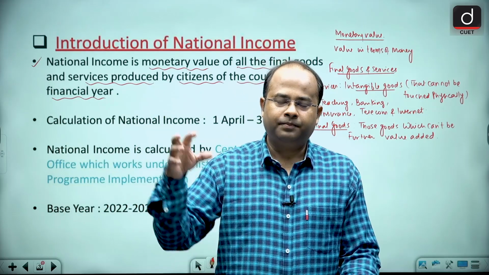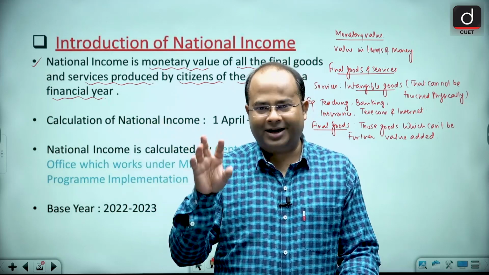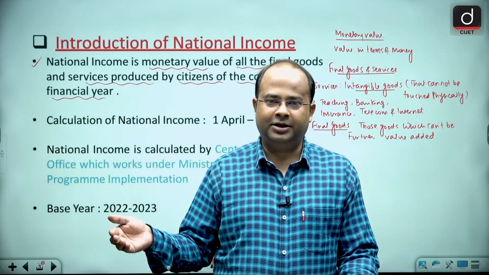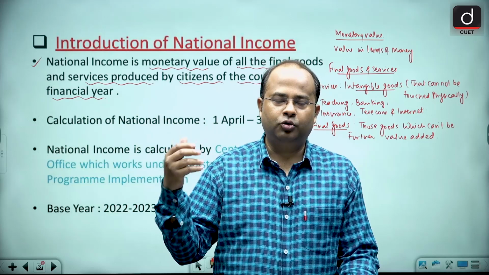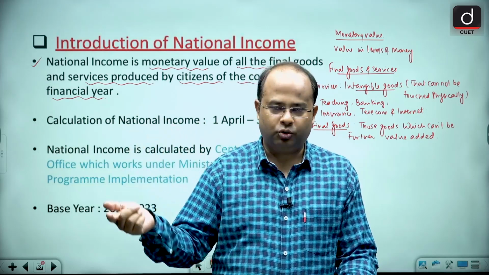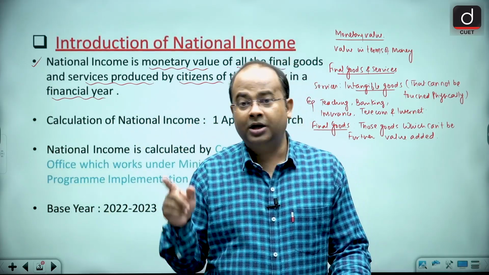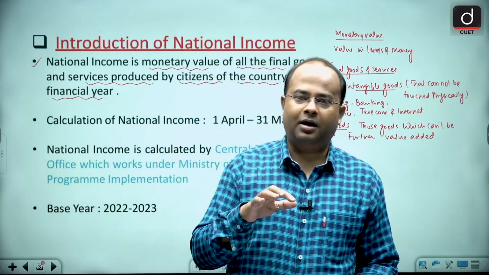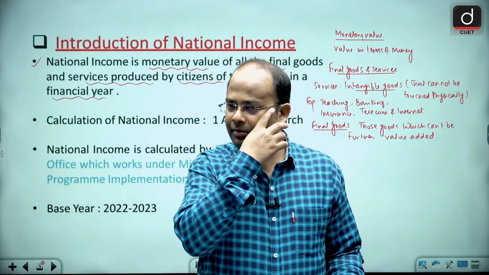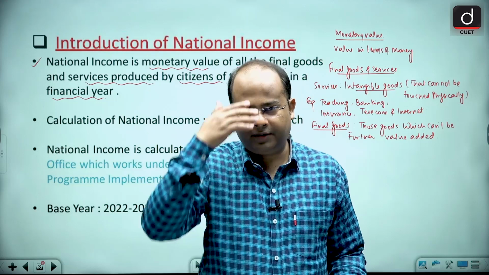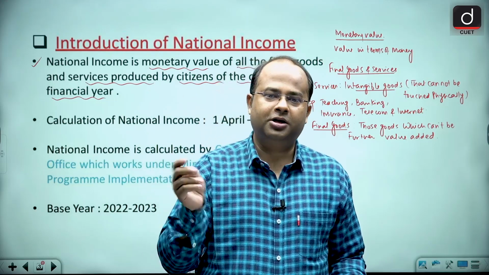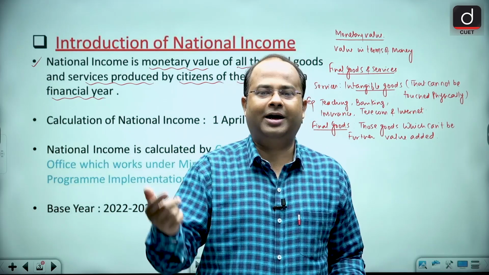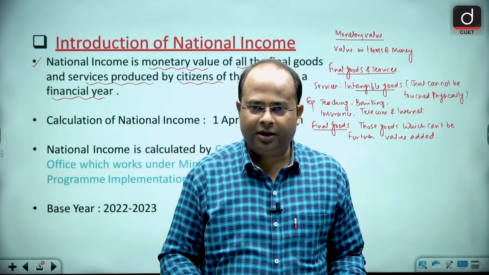But if you purchase that raw rice and make biryani, the rice will be counted twice, so that will be double counting. Therefore my dear learners, to avoid double counting, the definition is that the goods which cannot be further value added are called final goods and services.